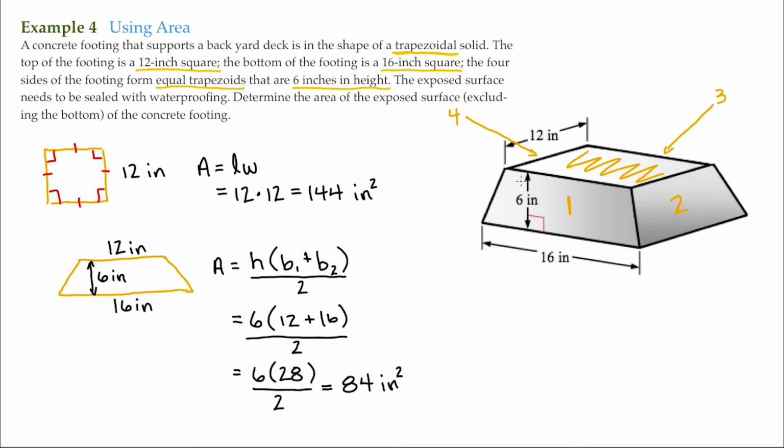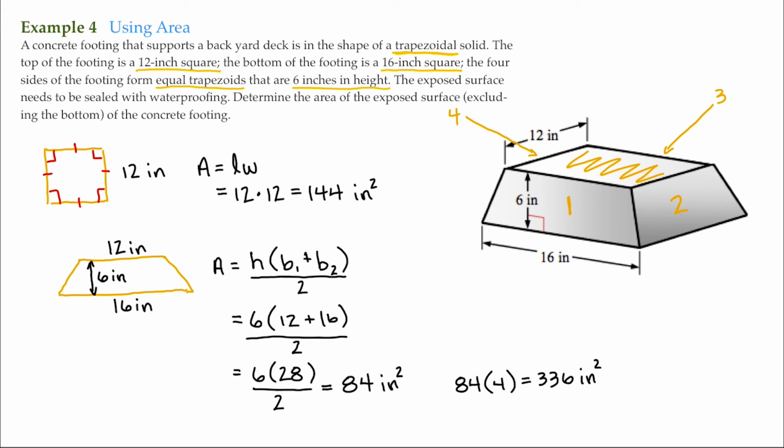So that's the area for one of the trapezoids. But since we have 4 of them, I'm just going to multiply this by 4. So that gives us a total of 336 square inches.